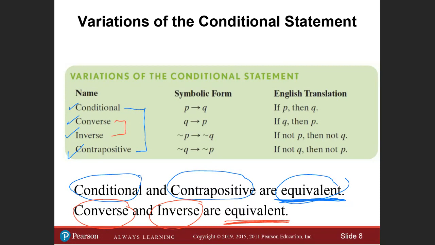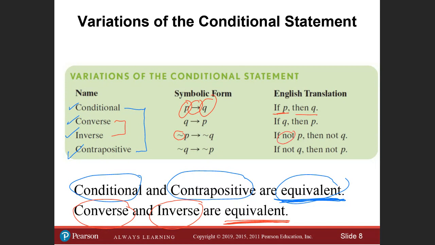Okay, so remember the symbol for conditional is an arrow going to the right, just one directional arrow, and that would mean, if you're using P and Q, if P then Q. So that's how you read that. Okay, and the wavy symbol is the word not.